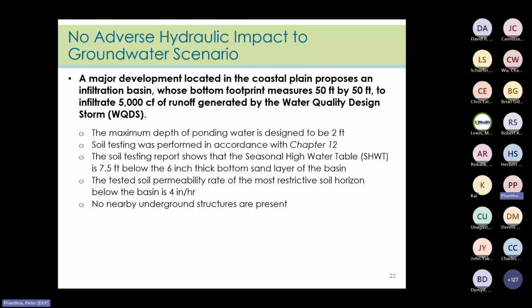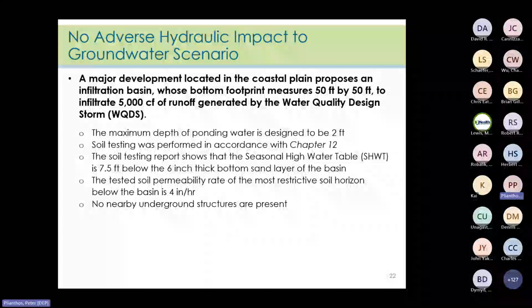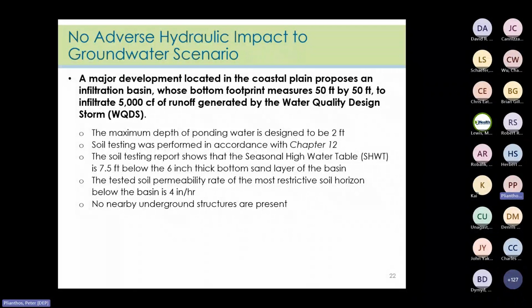The soil testing was performed in accordance with Chapter 12. The soil testing report shows that the seasonal high water table is 7.5 feet below the 6-inch thick bottom sand layer of the basin. The tested soil permeability rate of the most restrictive soil horizon below the basin is 4 inches per hour, and no nearby underground structures are present.